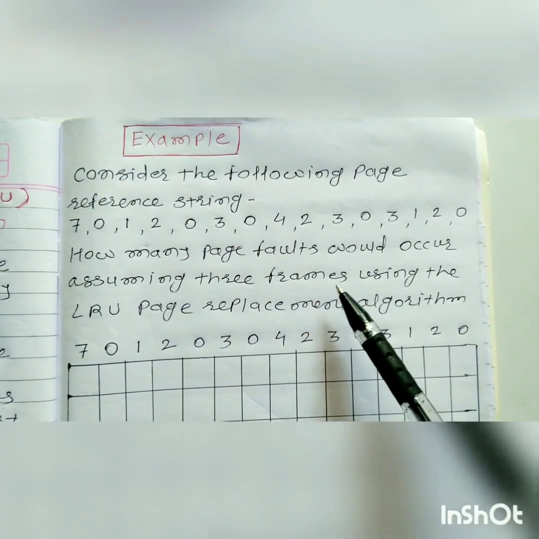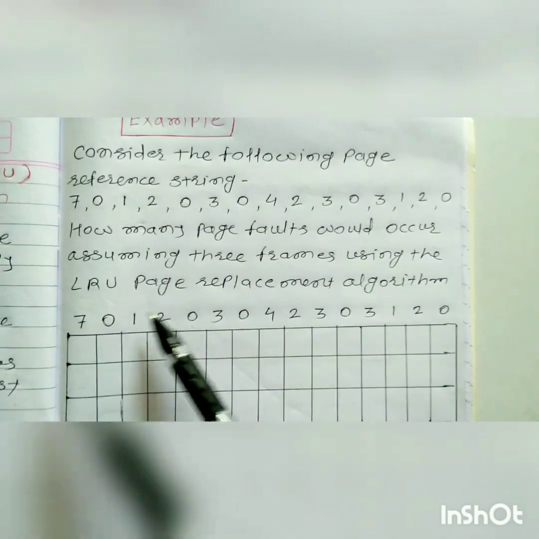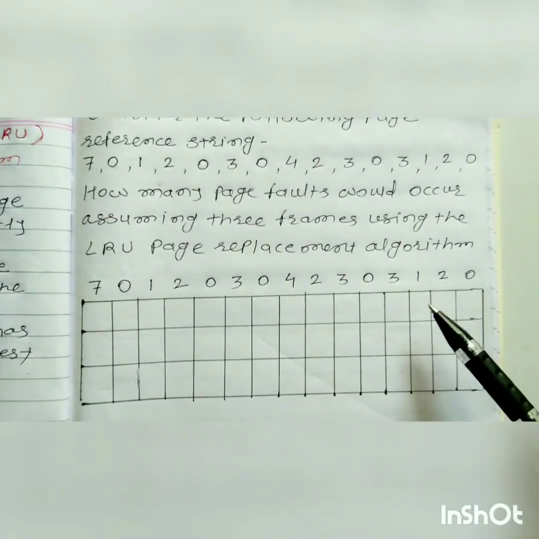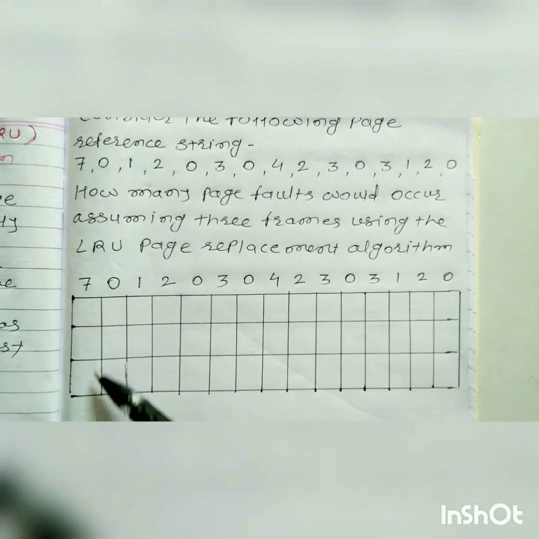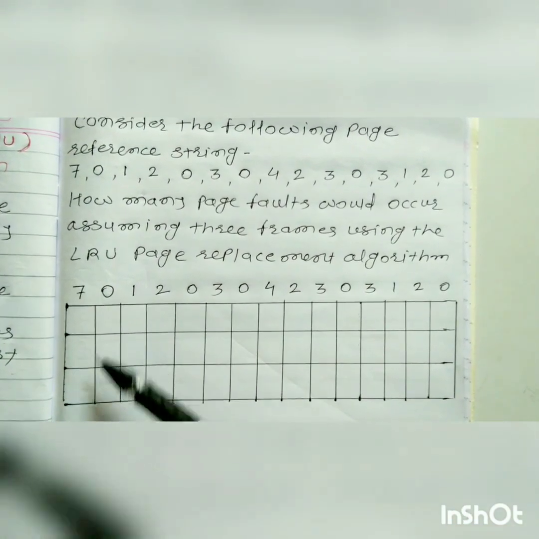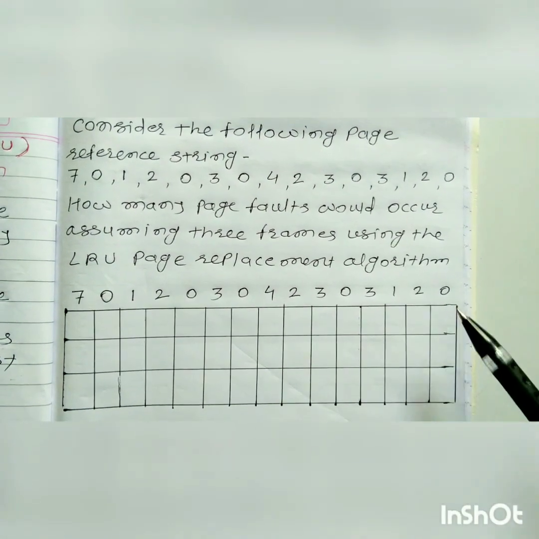How many page faults would occur, assuming 3 frames, using the LRU page replacement algorithm? Since in the problem 3 frames are given, you have to make the frames like this, and write down the reference string in this way.